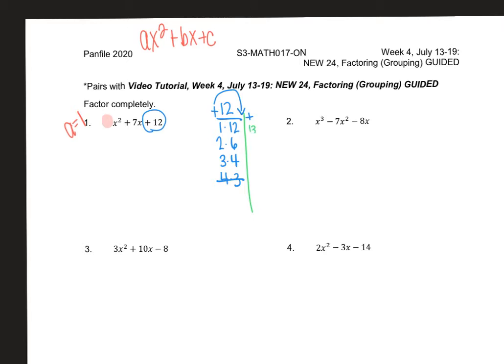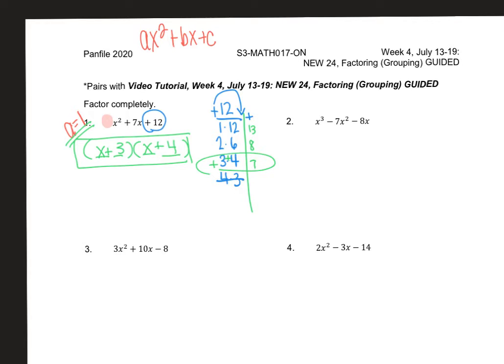Okay, so x squared plus 8x plus 7. There's my 7. It's a positive 7, so I need both of those to be positive. Because a equals 1, I can go straight to my binomials. x, 3, 4, both positive. And I am done. x plus 3, x plus 4.